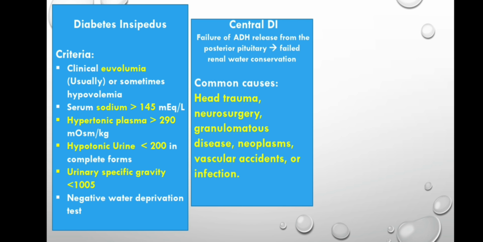So what is central DI? Central DI is failure of ADH release from the posterior pituitary gland, and this will cause failure of renal water conservation. What is the common cause? Any cause of brain insult will cause central diabetes insipidus, like head trauma, neurosurgery, granulomatous disease, any infectious disease, neoplasm, vascular disease like stroke or hemorrhage.